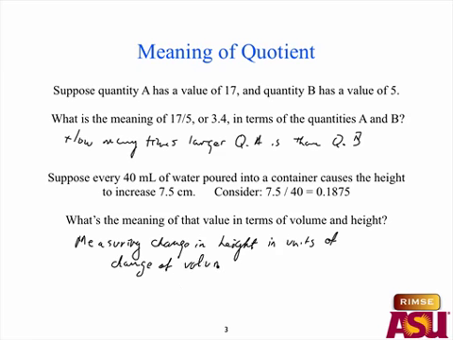If we let the amount of volume, like he said, 1 milliliter, be our unit, then for every 1 milliliter of volume, how much does the height change? 0.1875 of that. 0.1875 of 1 milliliter is the amount of change. So we're measuring the change in height in units of the change of volume.